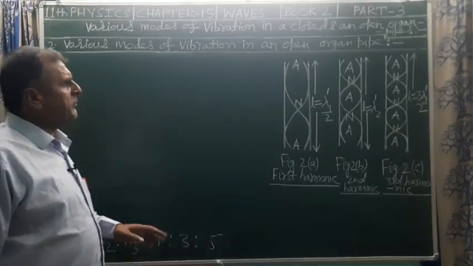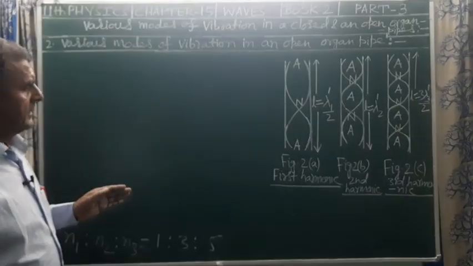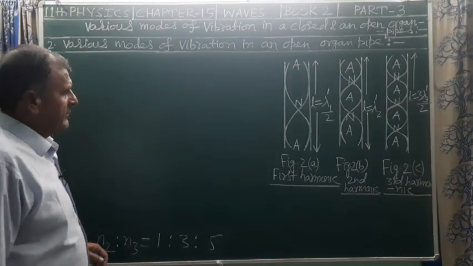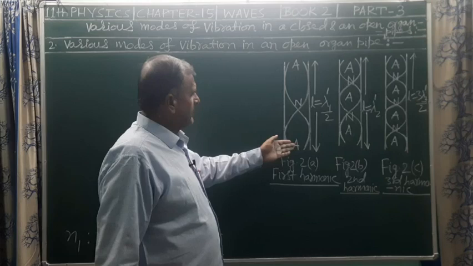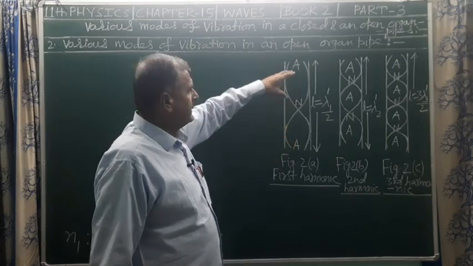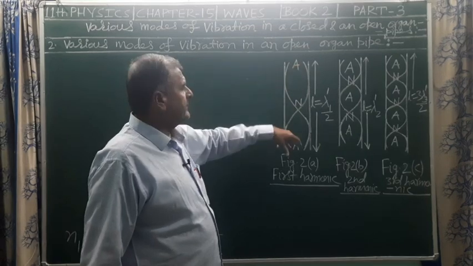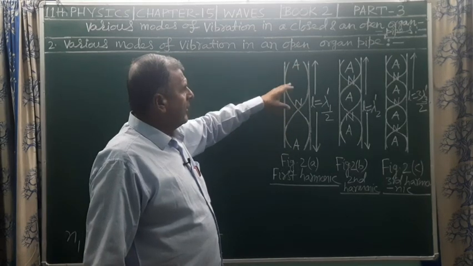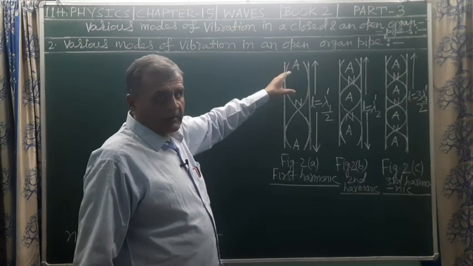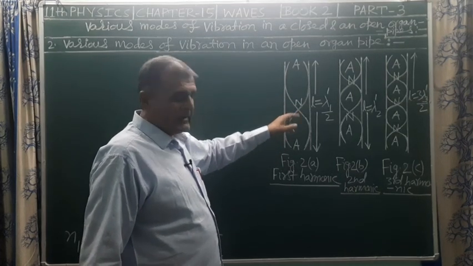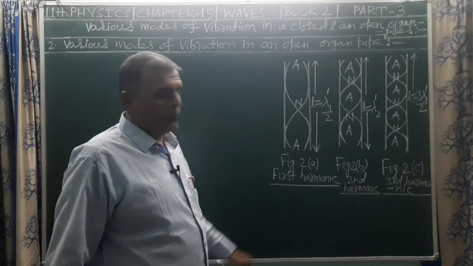In the simplest mode of vibration of an open organ pipe, two antinodes are formed at two open ends of the open organ pipe, while in the middle node is formed.